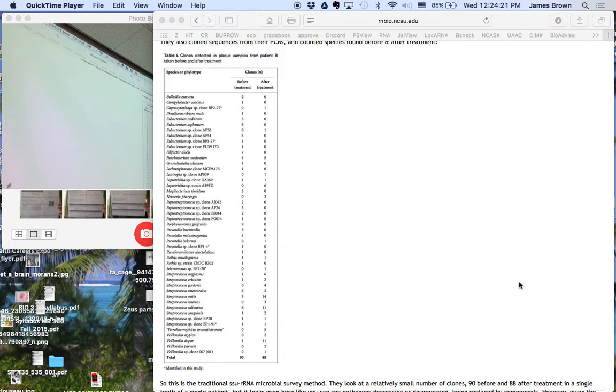An interesting question about this paper, and one that I've asked on the exam in the past: if you were going to do this experiment today, this is 10 years old, how would you change it? What would you do if you were doing this experiment today?